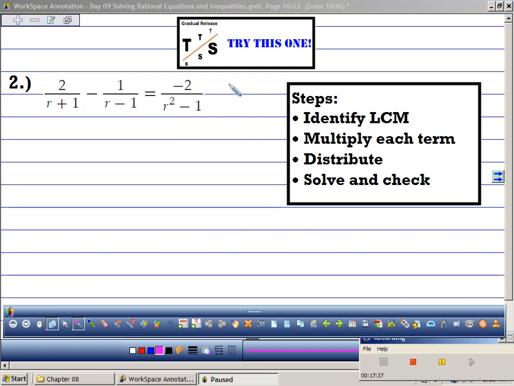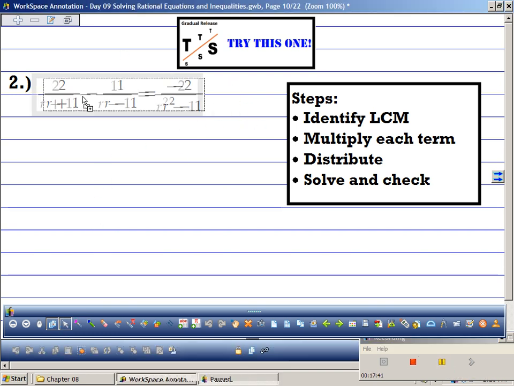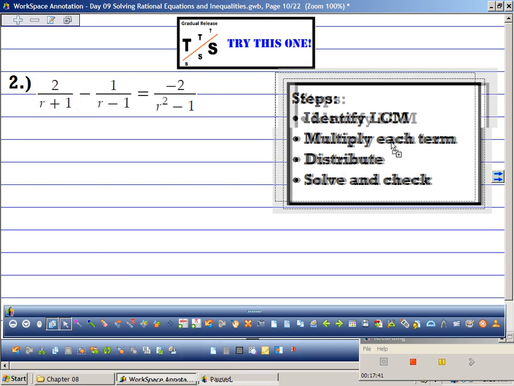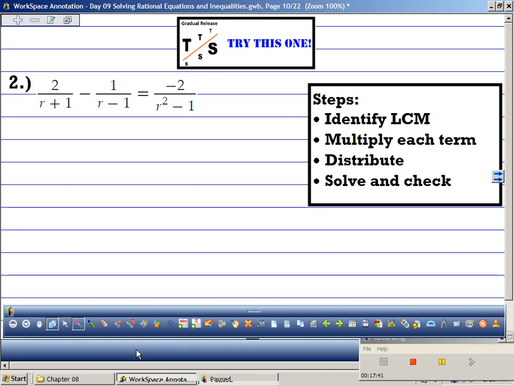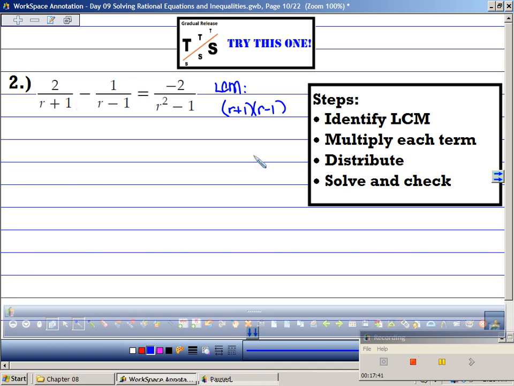All right, so I'm going to make sure I've got my LCM correct, first of all. So what is our LCM? R plus 1 and R minus 1. Thank you, Ryan. R plus 1 and R minus 1. Difference of 2 squares. I remember something. Good.